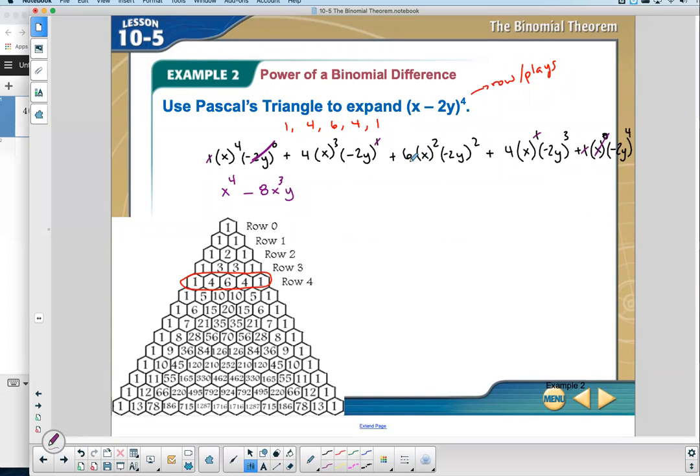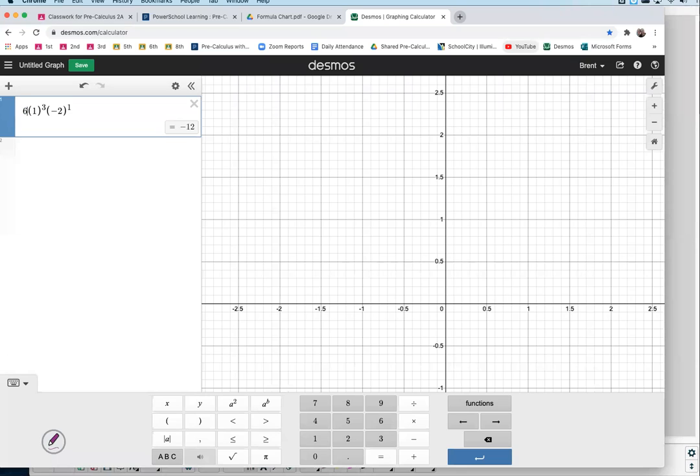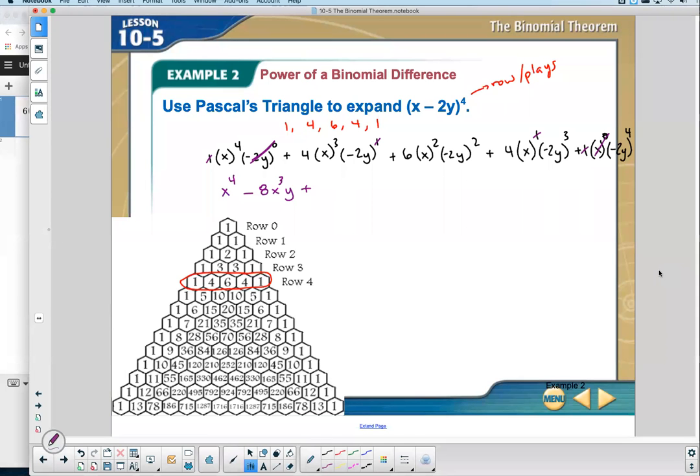And then I'm here, term number 3. I'll type in 6, 1 squared, negative 2 squared, which is 24. x squared y squared.